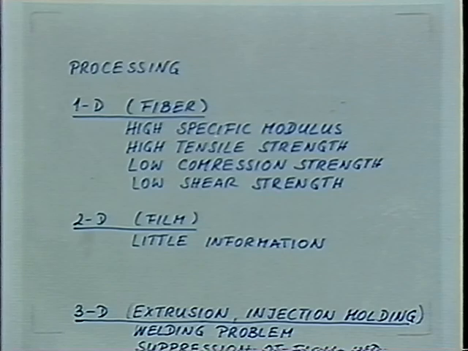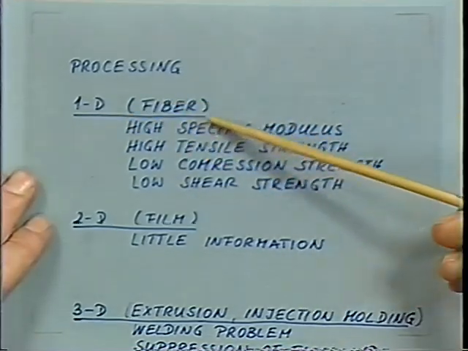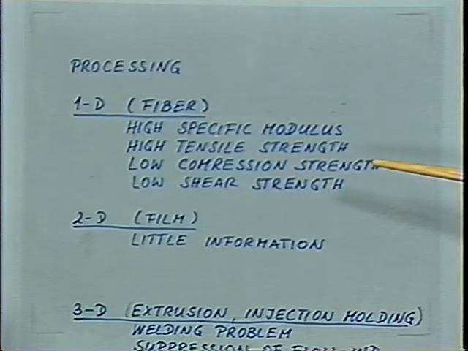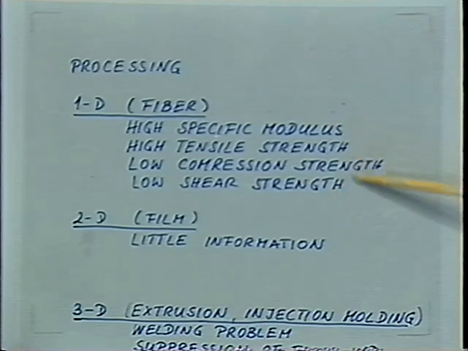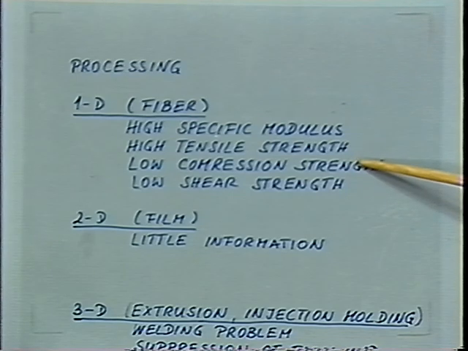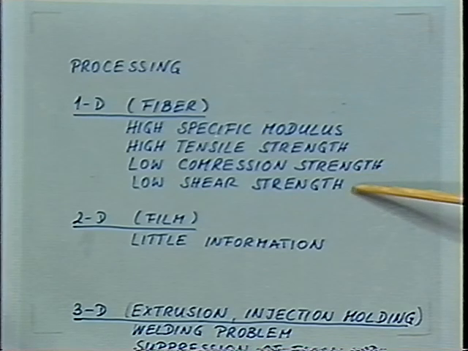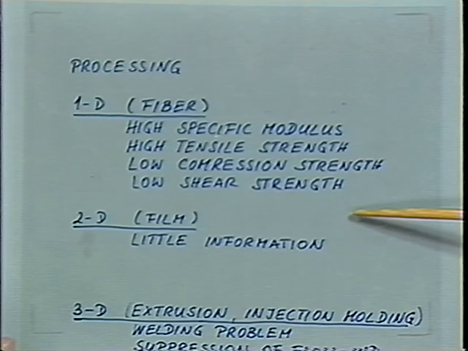The flow-induced order depends very much on the type of processing. One-dimensional processes like fiber spinning will produce very high moduli, high tensile strength, and they will really enhance everything we get from the molecules, because the molecules will align along that structure, and we're probing the backbone properties of that system having extended chains.